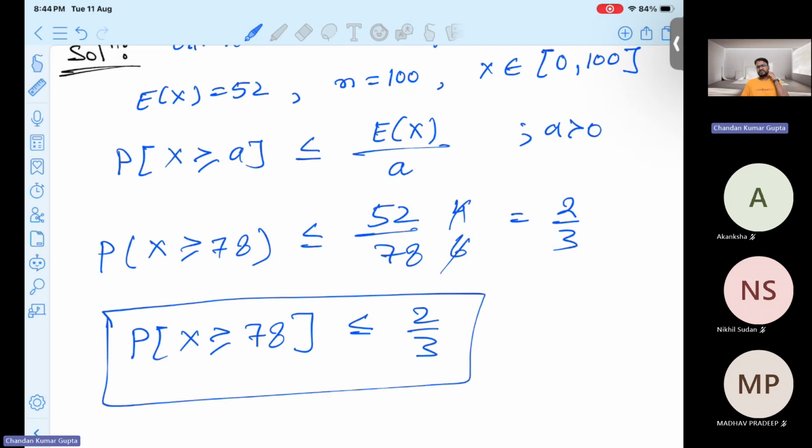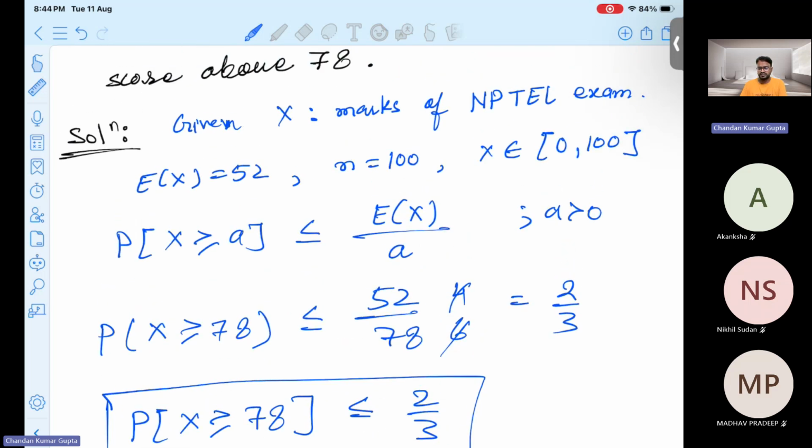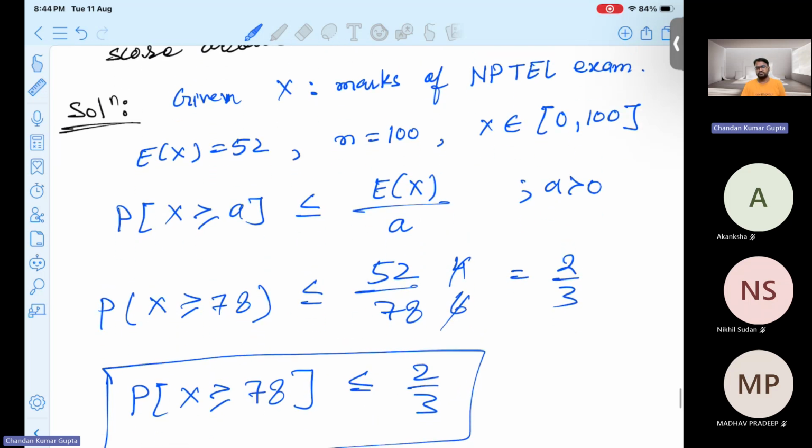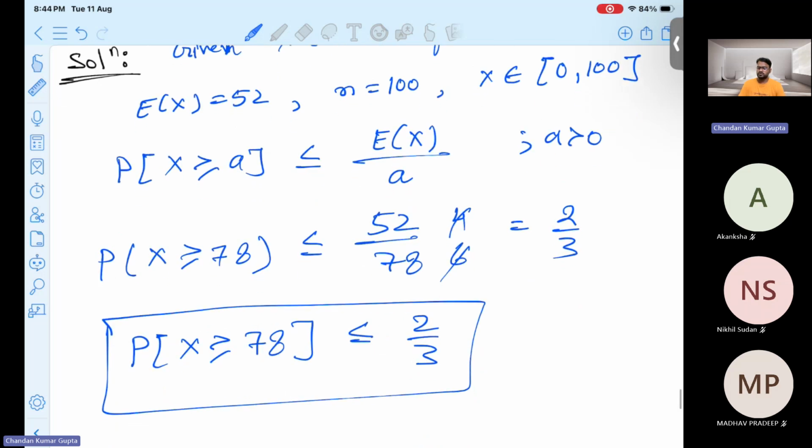See, what we can interpret, always try to interpret. Here you can see that the student paper is 0 to 100 marks, and 52 is the average. Since 52 is the average, that means two-thirds of the students, this is the upper bound, always try to see this.